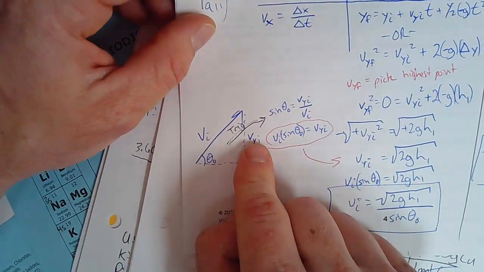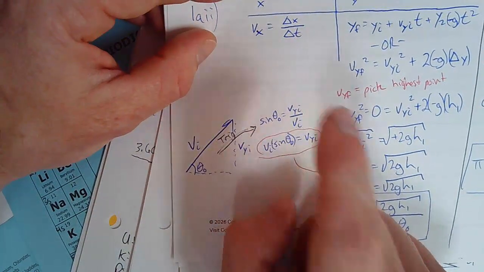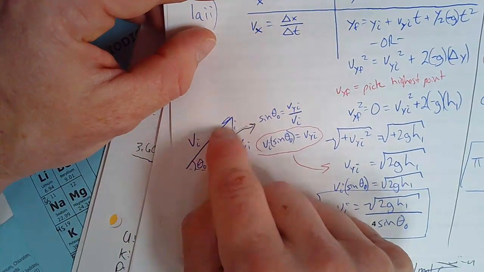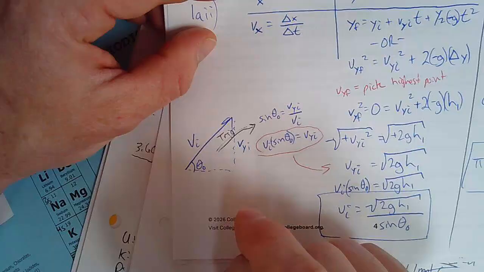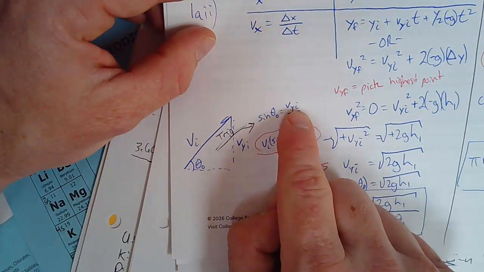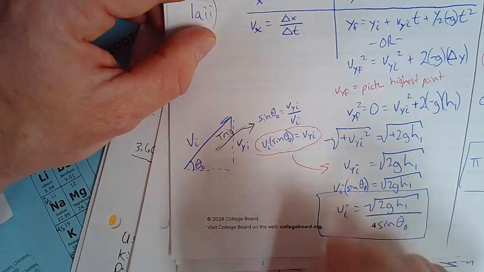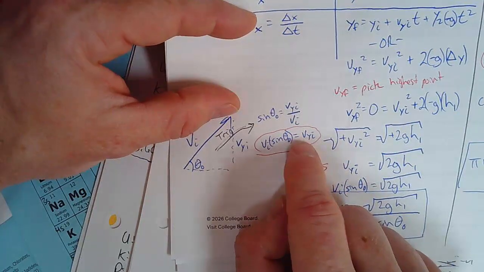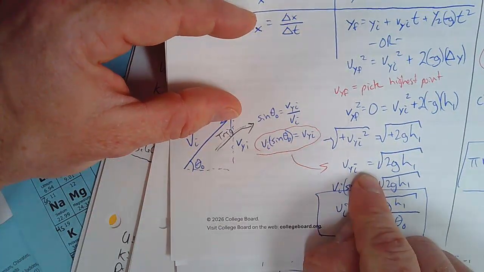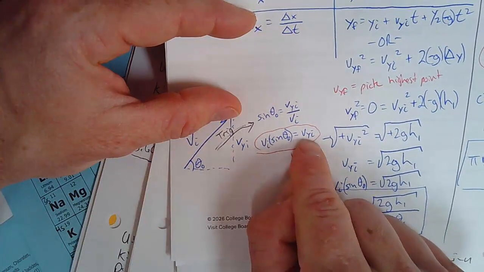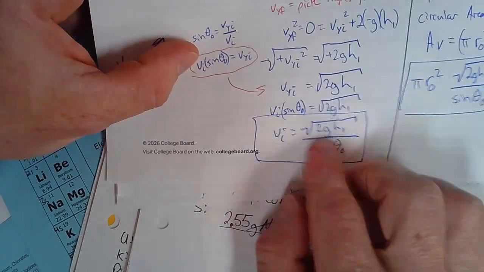So I did some trig here, and I related the vertical y component to the hypotenuse of this triangle, the resultant of the vector, and that's sine theta equals vyi over vi. And did a little bit of algebra there to solve for vyi, so I was able to replace vyi with vi sine of theta because they're equal to each other.